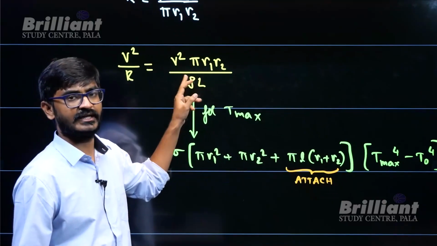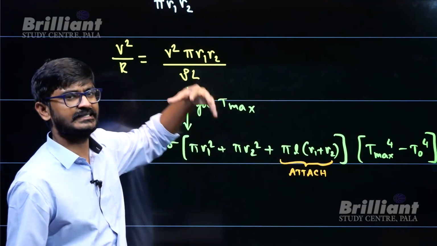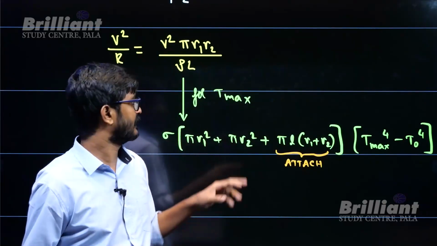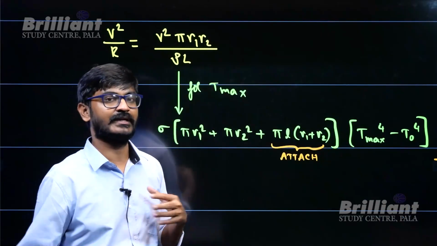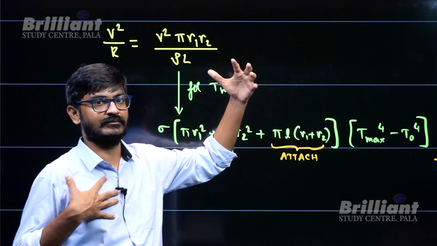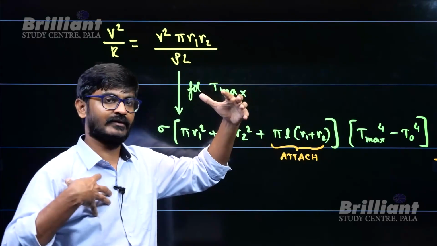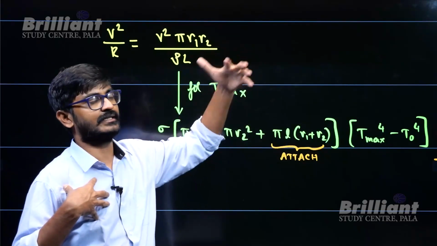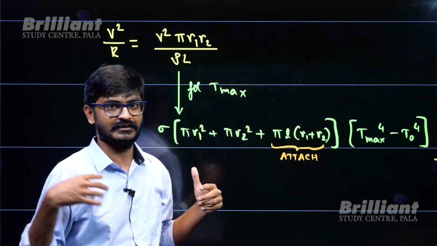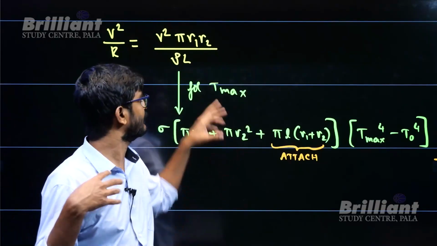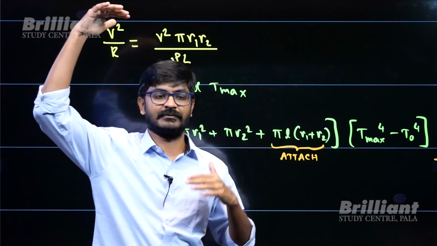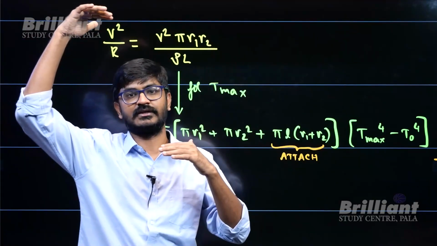Now where is this power going? At maximum temperature, whatever power it is taking, it will be emitting as radiation, then it will stop increasing its temperature. So that is the maximum temperature. Initially, the power it is taking is more and the emitting is less, so it will increase its temperature. The intake power is constant, but the radiating power will increase because temperature is increasing.